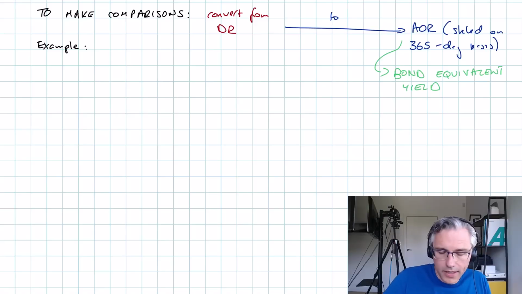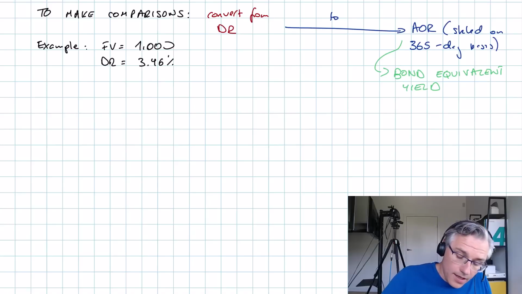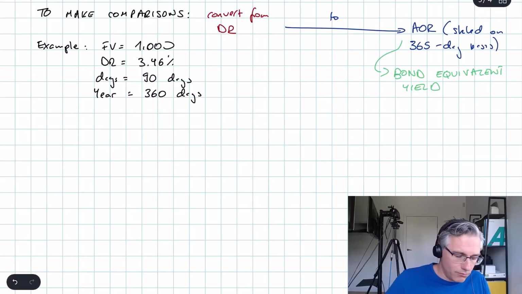So just writing out the data again, the FV was 1,000, the DR was 3.46%. The number of days in the investment was 90, and number of days in the year was an assumed 360. Okay, that was the instrument to start with.